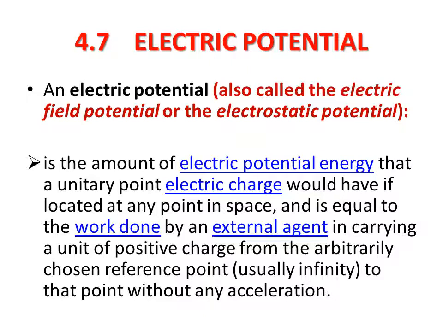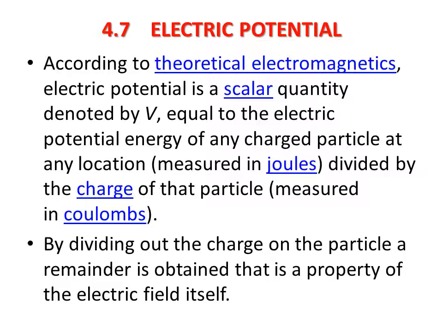It is equal to the work done by an external agent in carrying a unit of positive charge from the arbitrarily chosen reference point, usually infinity, to the point without any acceleration. According to theoretical electromagnetics, electrical potential is a scalar quantity denoted by V, equal to the electrical potential energy of any charged particle at any location. It is measured in joules divided by the charge of the particle, measured in coulombs.